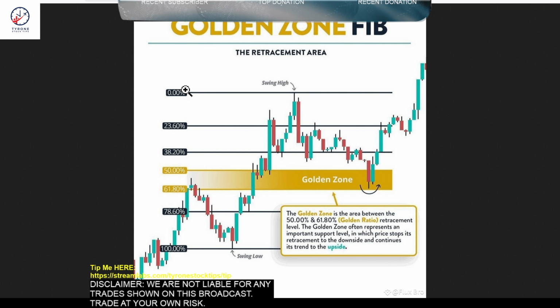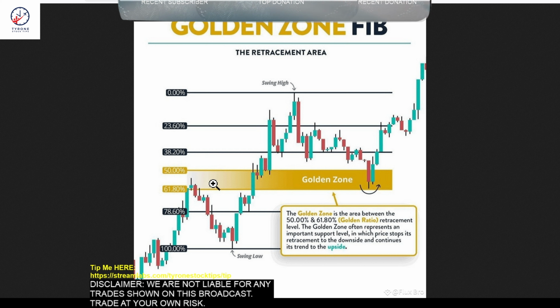You always want the 0% at the top of the retracement, or the bottom if you're going downward. But we're going upward, see, this chart is going upwards. You want to have the 0% here, and 100% set here.